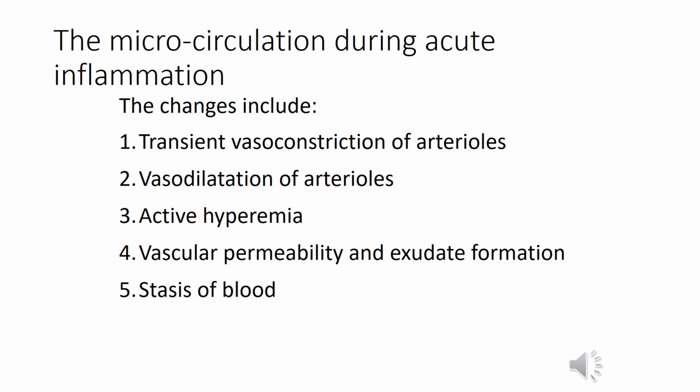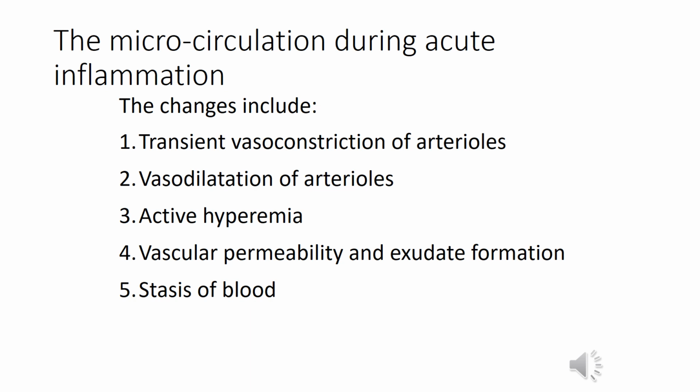The inflammatory mediators are released, and it is these inflammatory mediators that will act on the blood vessel wall, remember, to alter the permeability, to alter the amount of blood flowing through, and so on and so forth. So initially there will be transient vasoconstriction of the arterioles.